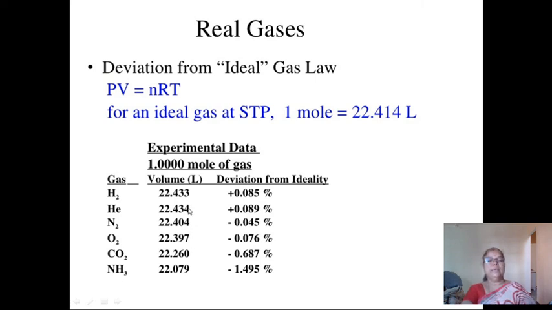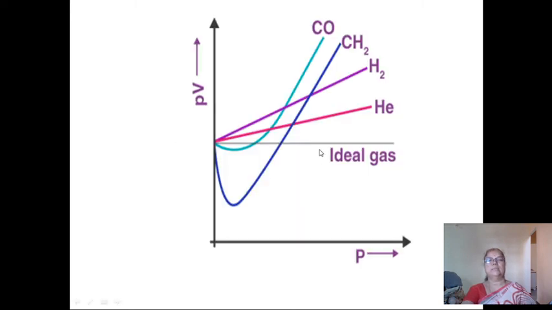You will see here that all these values are less than the ideal value, and these values are greater than the ideal value. That means the real gases show deviations from ideal behavior, because these two assumptions do not hold good in the case of real gases.